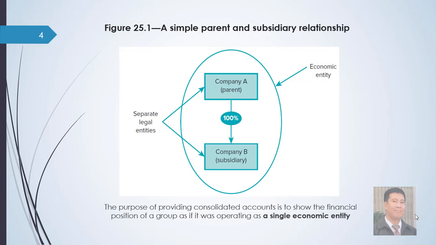So any transaction between these two, or what we call intragroup transaction, should be eliminated in preparing the consolidated financial report. But again, it should not affect their separate financial statements.